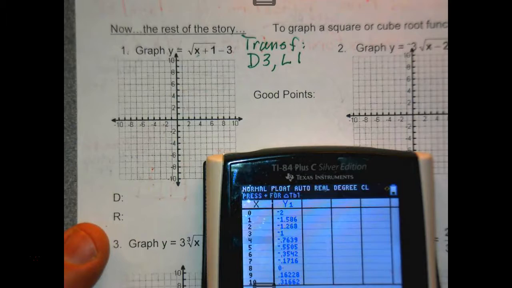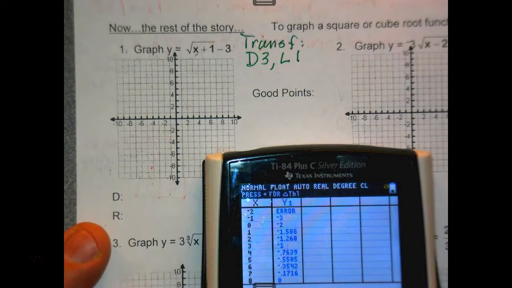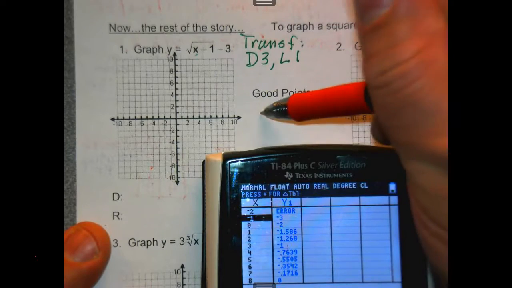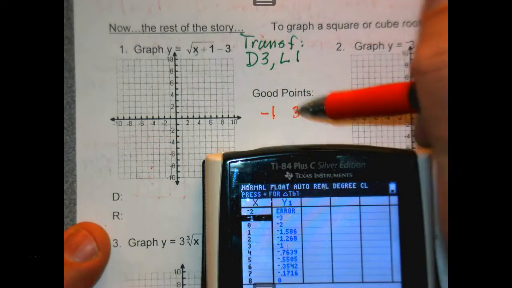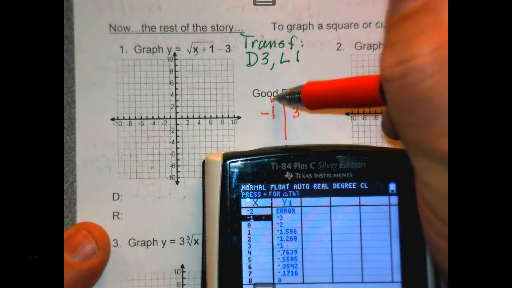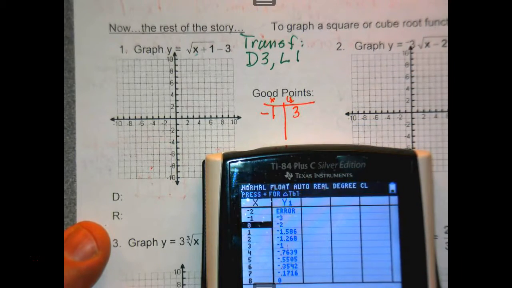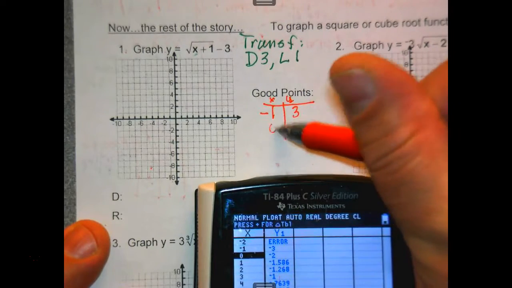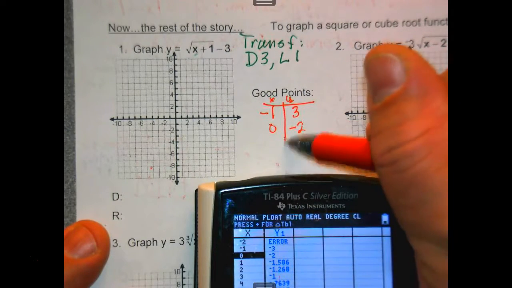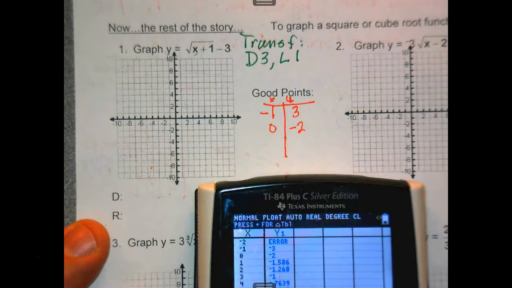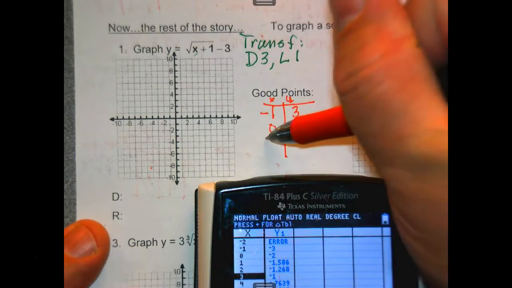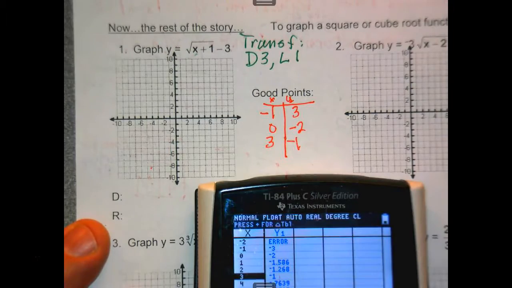Let's see. What's our HK? -1, -3. So there's our HK, -1, -3. Zero, -2. And for the square root, I only need 3 points. 3, -1.